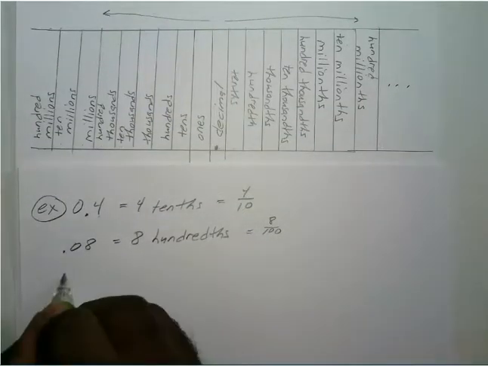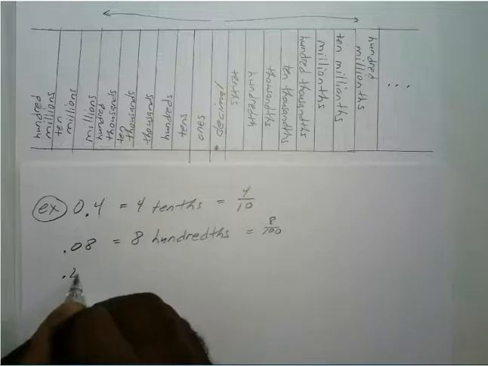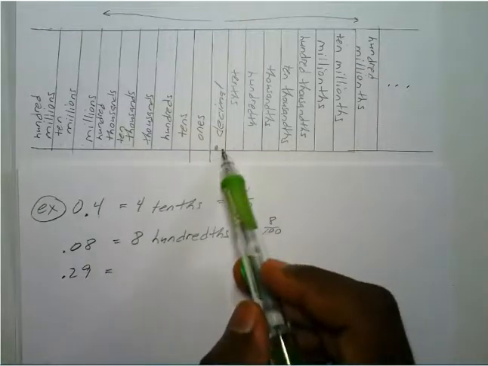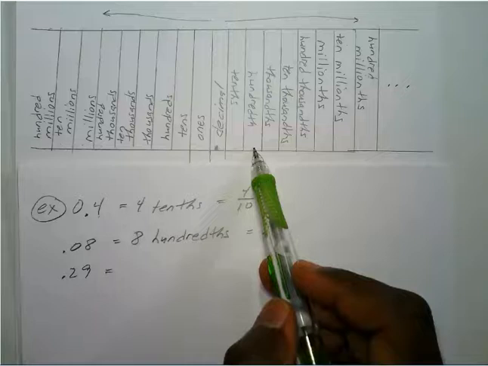So what if you have 0.29? How would you write that in words, and how would you write that as a fraction? If you wrote that in words, remember you have 2 place values to the right of the decimal, tenths and hundredths.